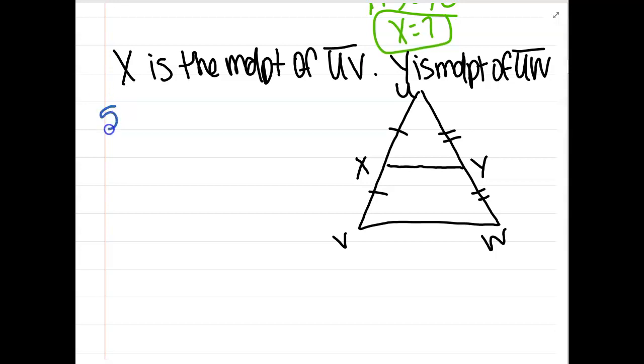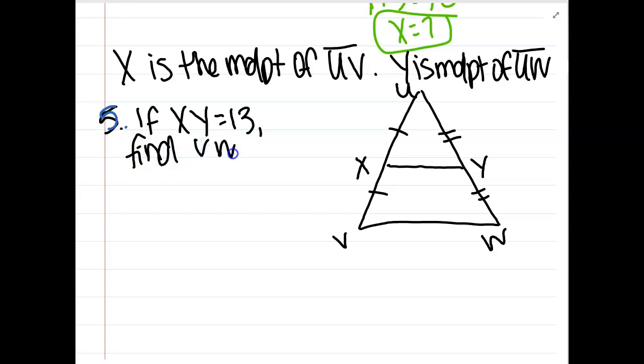So let's say number 5, if XY equals 13, I want to find VW. If XY is 13, what would VW be? 26.